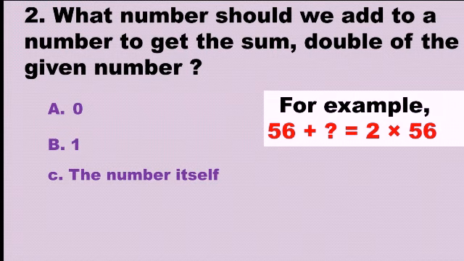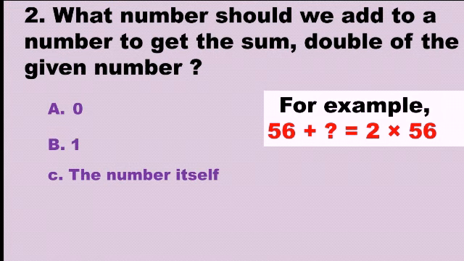It is also very interesting. First of all, let me read the question properly. What number should we add to a number to get the sum double of the given number? That means the question is asking, for example, what I have written: 56 plus question mark equals 2 into 56, meaning double of the given number.